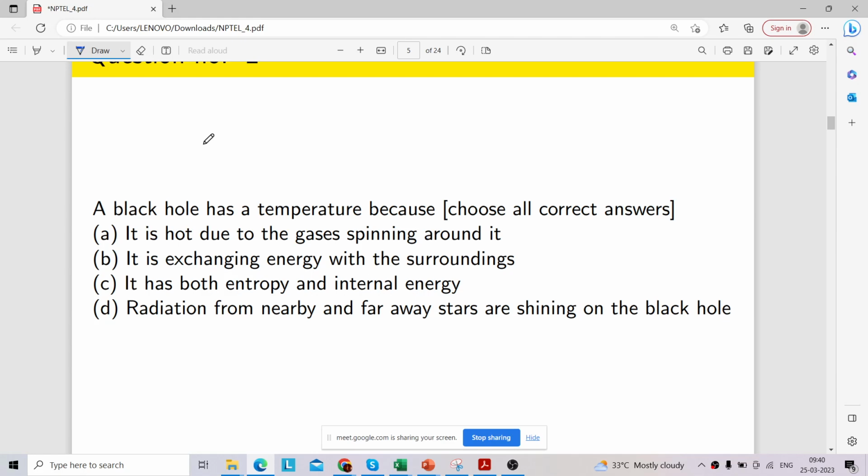Then the second option is that it is exchanging energy with its surroundings. Yes, black holes also radiate through Hawking radiation. You know about Hawking radiation? If we have a black hole, it will have some imaginary region we call the event horizon.